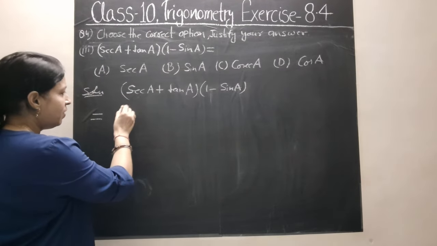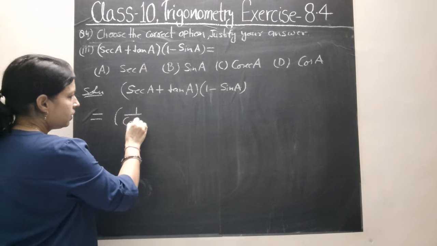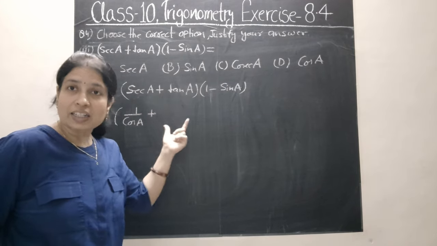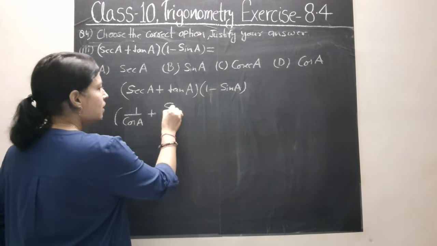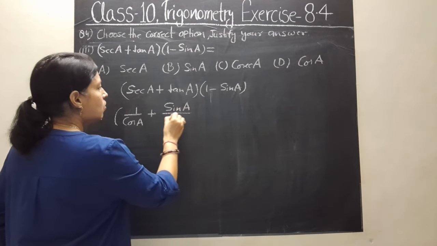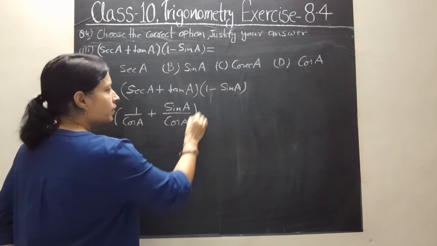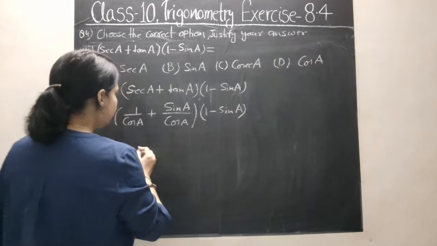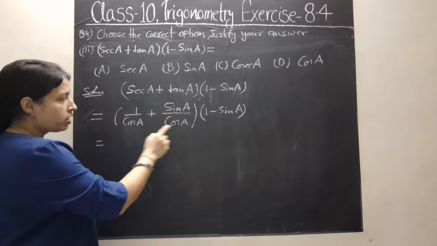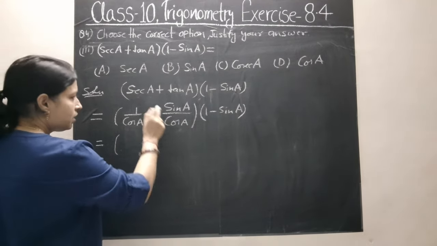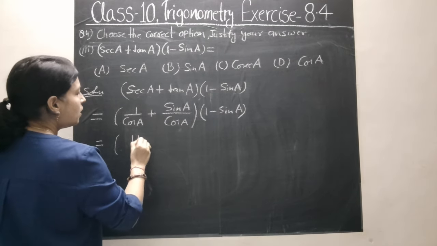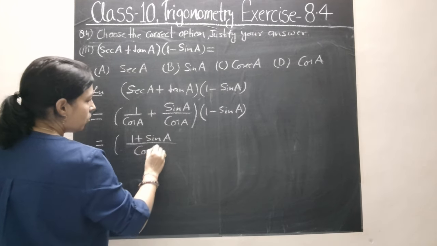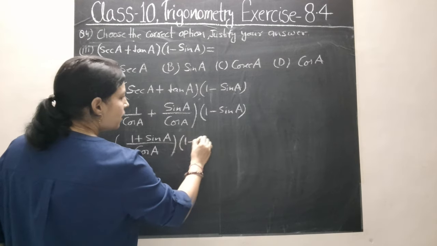So in place of sec A we can write 1 by cos A. And in place of tan A we can write sin A by cos A. So write here sin A by cos A. And write this one as it is, 1 minus sin A. Here denominators are same, cos A, cos A. So this one is like fraction. So you can write 1 plus sin A, add numerators, divided by cos A, and write here 1 minus sin A.